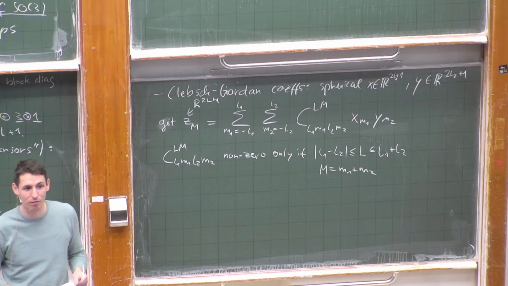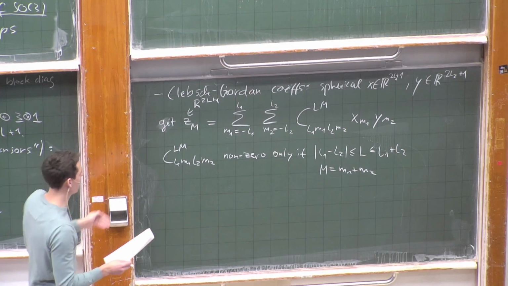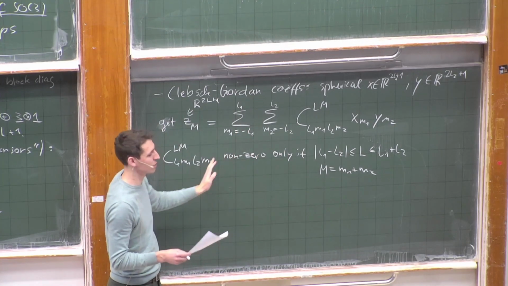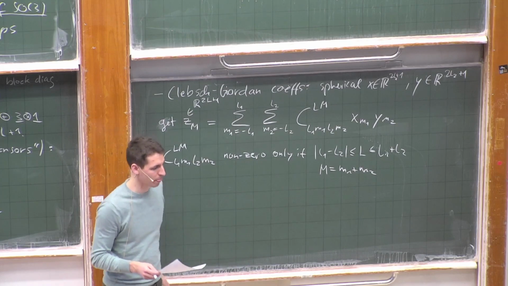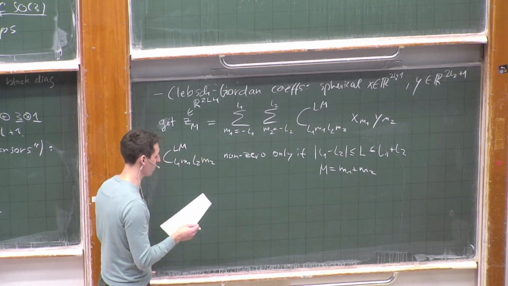For example, if you have two electrons in helium, then you get the coupling of the angular momentum eigenstates, and you can use the same Clebsch-Gordan coefficients to go to the eigenbasis again of the angular momentum operator.